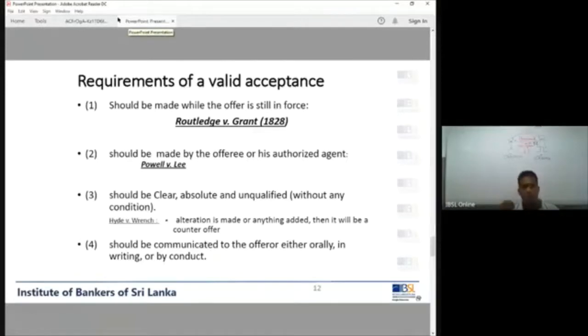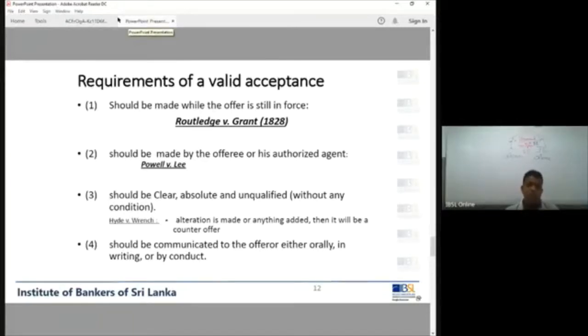You have to remember the case, the facts of the case, and the law decided by that case. Likewise, when it is very important, I say that you have to remember the case. In this matter, the case is not that important, however, if you can remember, good.